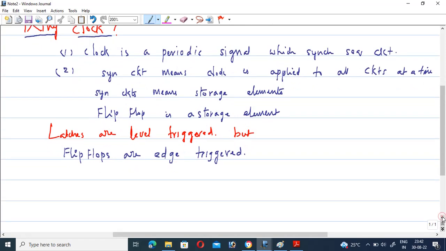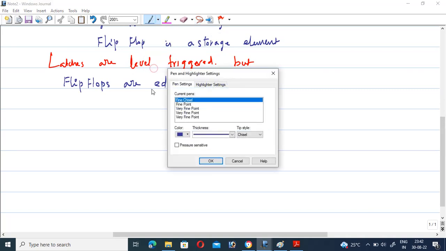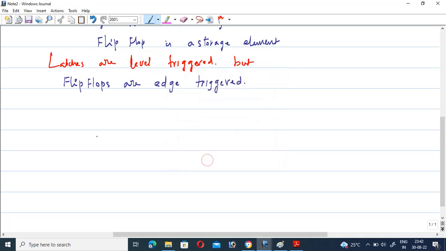First of all, how do we represent the clock? Let us see. A clock can be represented like this.